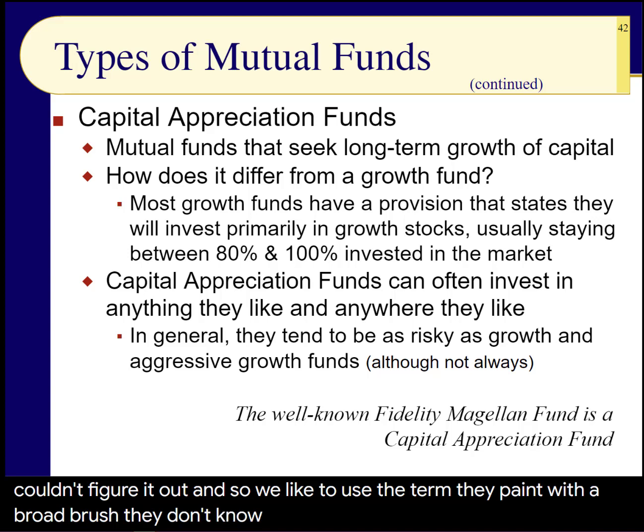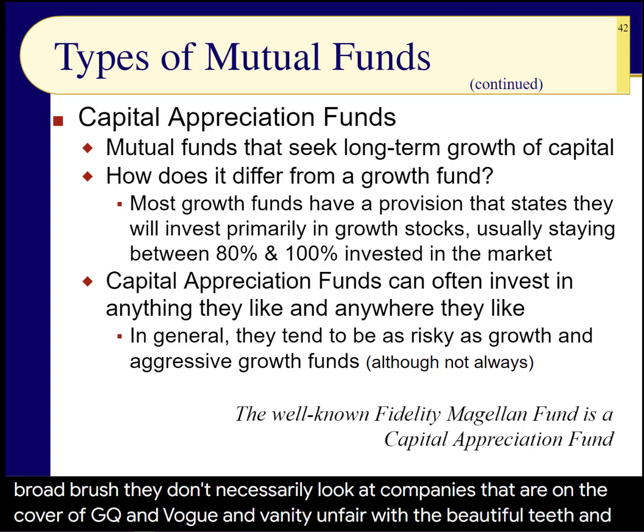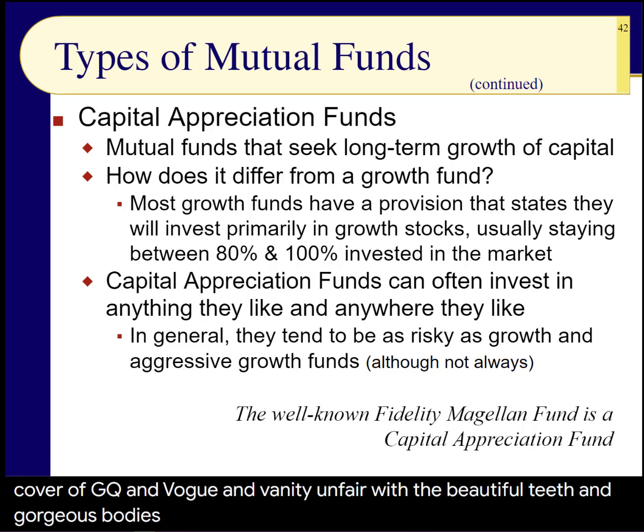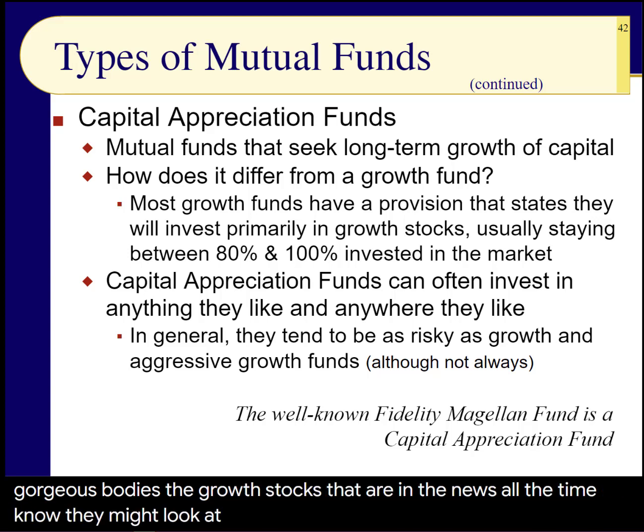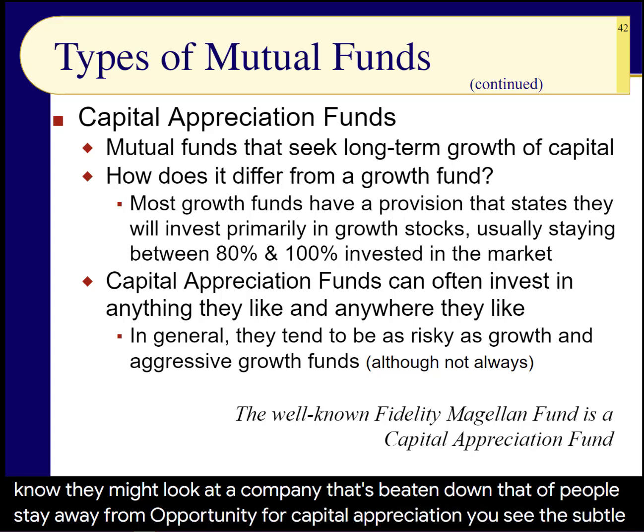They don't necessarily look at companies that are on the cover of GQ and Vogue and Vanity Fair with the beautiful teeth and gorgeous bodies, the growth stocks that are in the news all the time. No, they might look at a company that's beaten down, that all the people stay away from, where the manager believes there's opportunity for capital appreciation. You see the subtle difference?